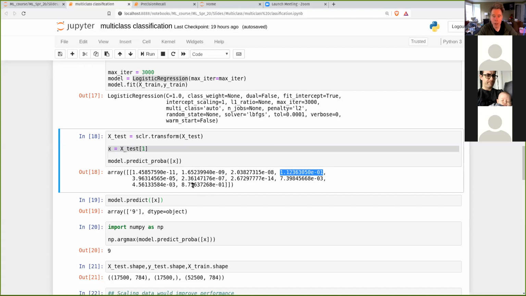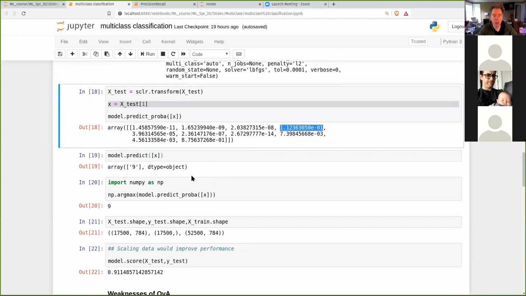And it turns out that, oh, look at this. It's about 8 times more certain that it's a 9 than this other one. Its other best guess would be a 3: 0, 1, 2, 3. So both 3 and 9 get pretty high probability estimates, but it's much more certain that it's 9, so it predicts 9.